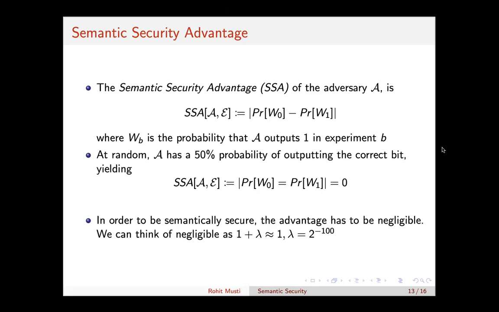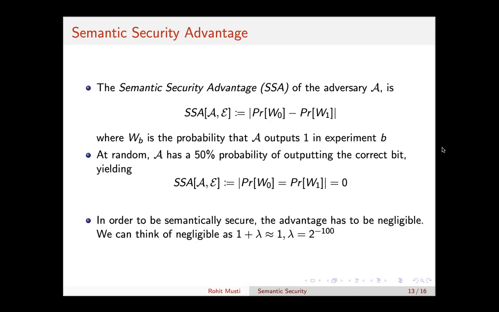In order to be semantically secure, that advantage lambda has to be negligible. We can think about this mathematically as 1 plus lambda being roughly equal to 1. Does that make sense? I'm going to pause here because there are a lot of concepts on the slide that might feel new.